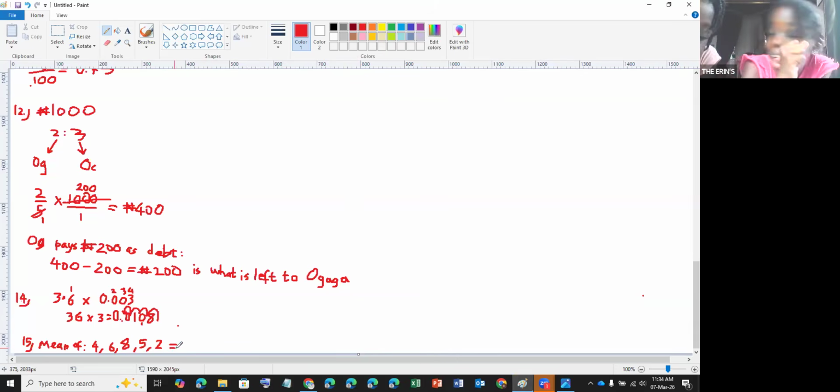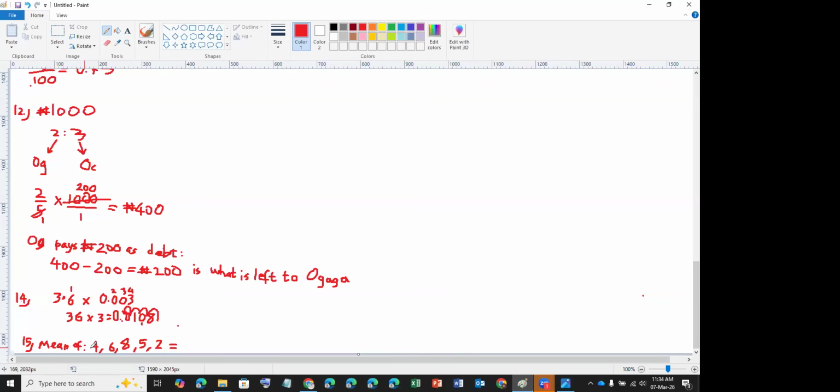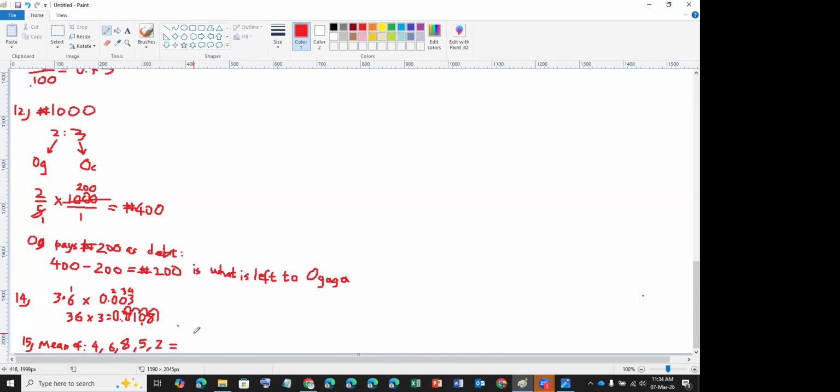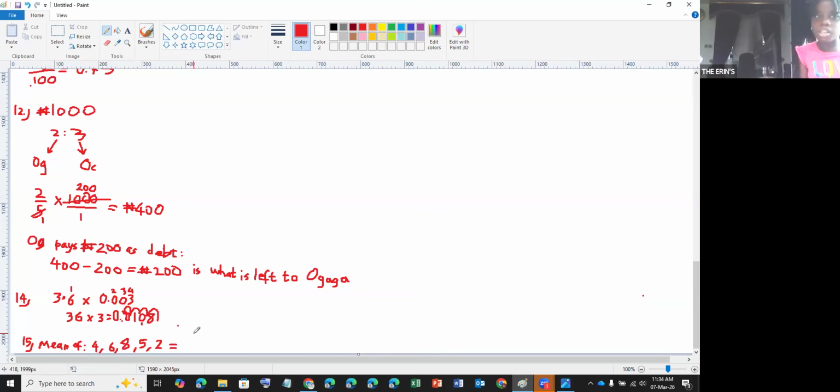Look at number 15. Mean of 4, 6, 8, 5, and 2. What will it be equal to quickly? Faith, over to you. Another name for mean is average.